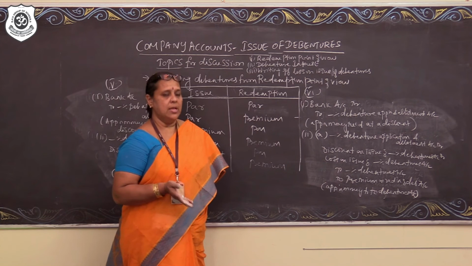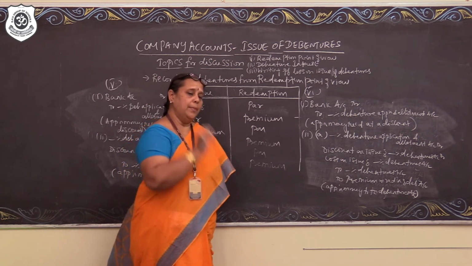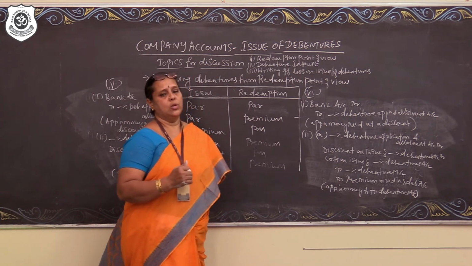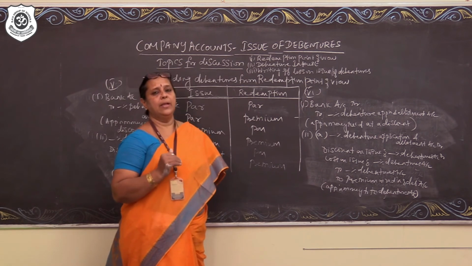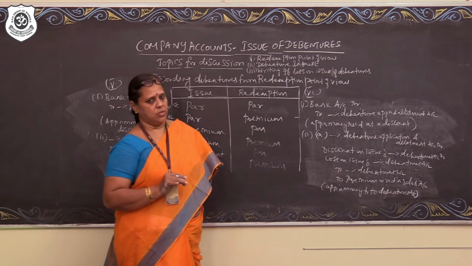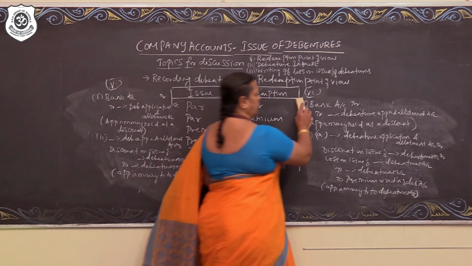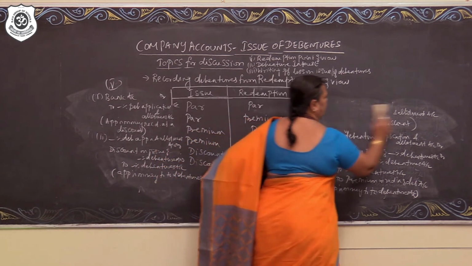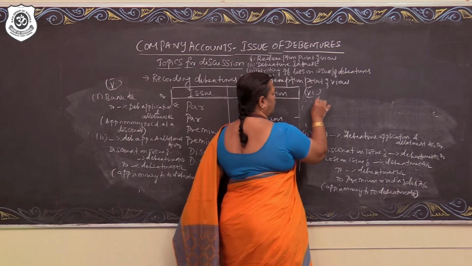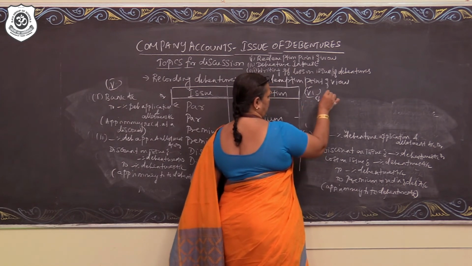So that being the case, we can also go for debiting both the discount and the loss on issue under the same heading as loss on issue of debentures account. So alternatively, the company can go for this entry also.